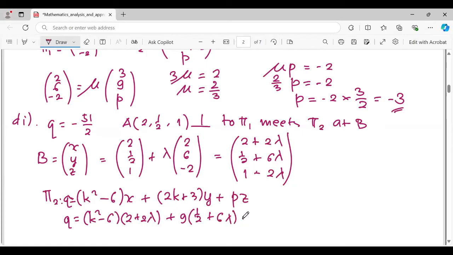Okay, and then minus 3 times 1 minus 2 lambda, equals minus 51 half.